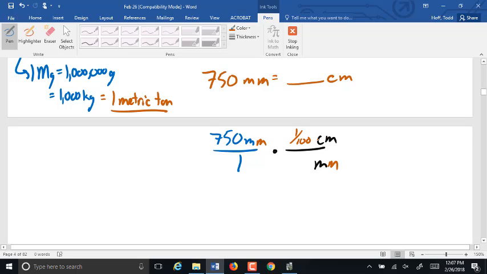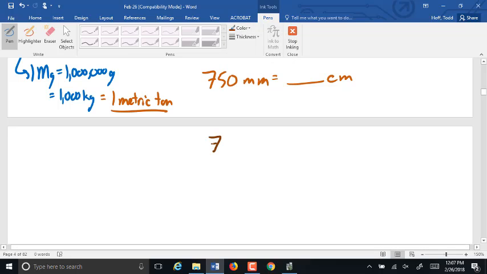A centimeter is 1/100th of a full meter, and a millimeter is 1/1000th of a full meter. I screwed that up. Got to be careful here. It's been one of those days. Let me step back and try that again. We'll start that all over since I got myself crossed up from the beginning.